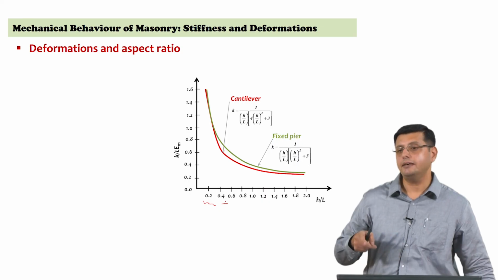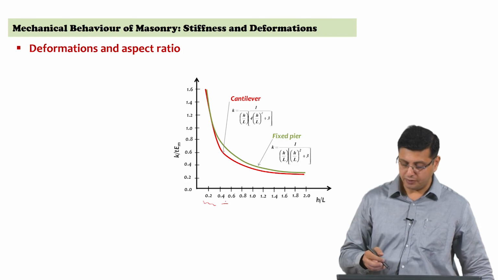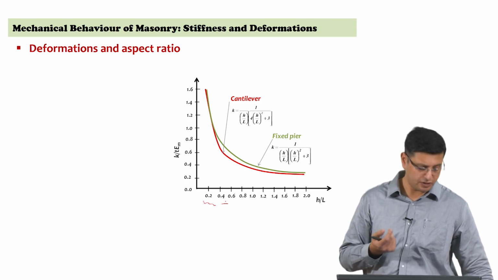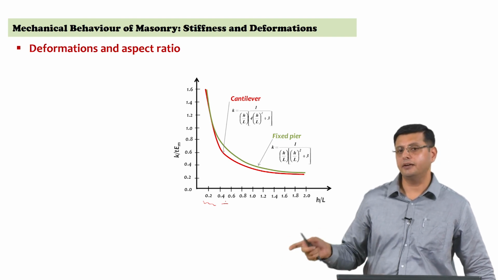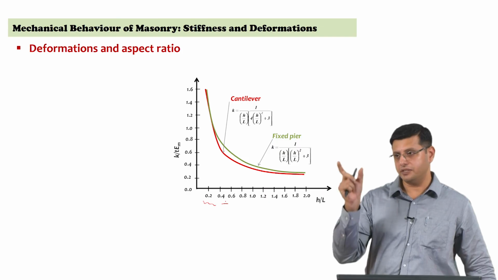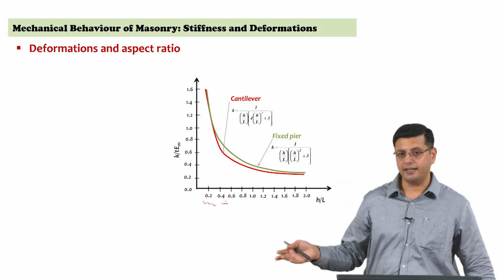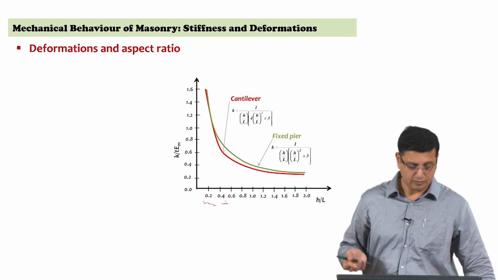But as the aspect ratio increases, as we go to longer aspect ratios, the shear deformation quantity actually becomes negligible, and in a wall which is slender, its aspect ratio is such that h by l is greater than 1, the contribution of the shear deformation keeps reducing.